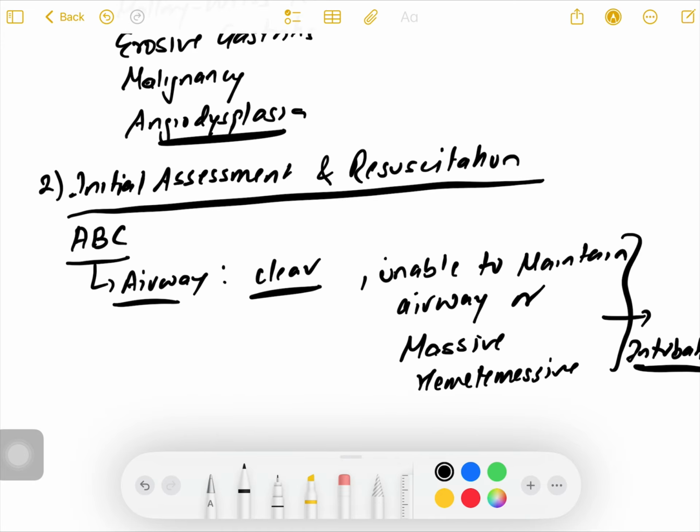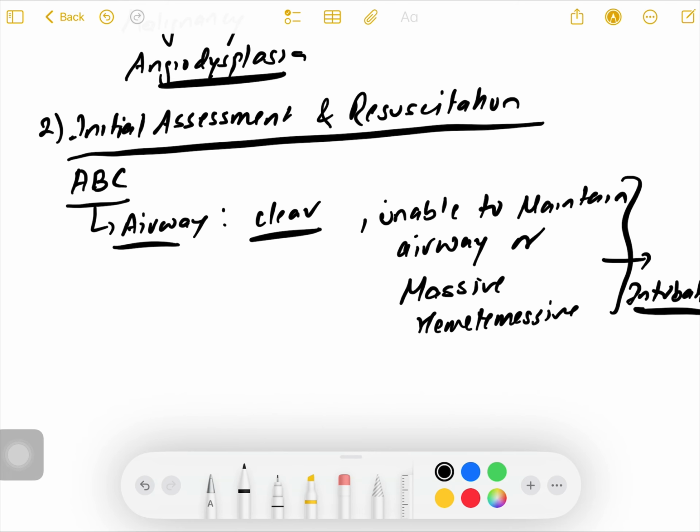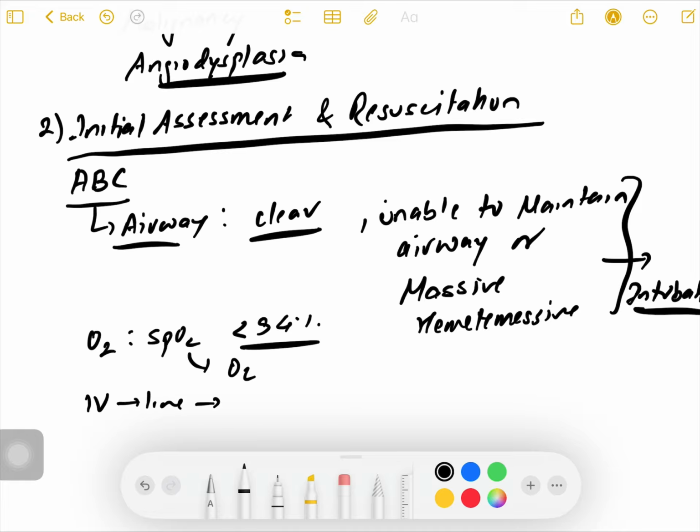After that we look at oxygen saturation. If it's less than 94%, then we supplement oxygen, and we have to secure an IV line. Possibly two wide bore IV cannulas should be opened.